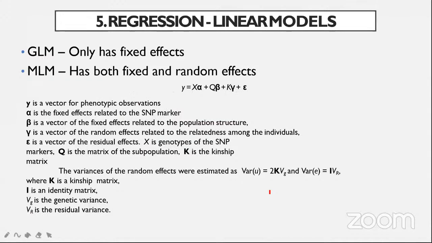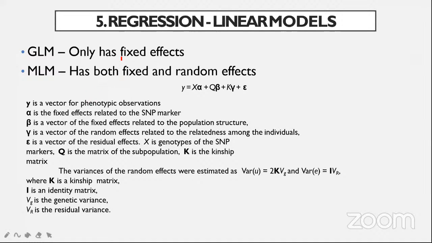And once you had the phenotype, the marker data, and you estimated the covariance, population structure, and kinship, the next one is running the final linear models or the regression models. Again, this is a bit statistical. All we are trying to say is you have two basic kinds, GLM and MLM.